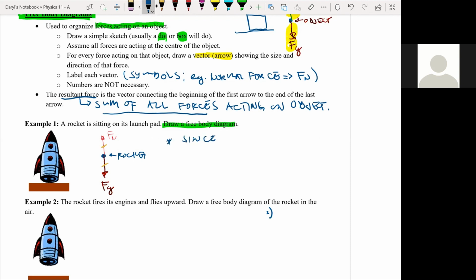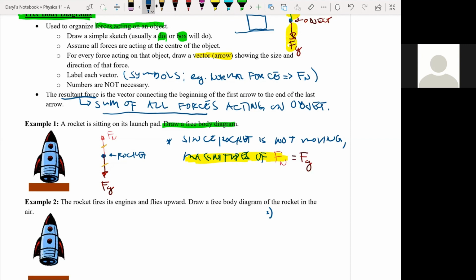Since the rocket is not moving, the magnitude of Fn is equal to Fg.